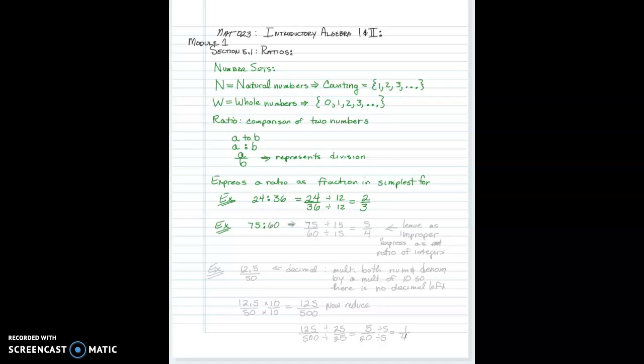You want to leave it as an improper fraction. You don't want to change that into a mixed number. We're going to leave it as an improper fraction whenever we see the words to express as a ratio of integers in simplest form.